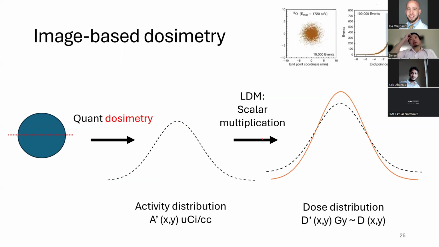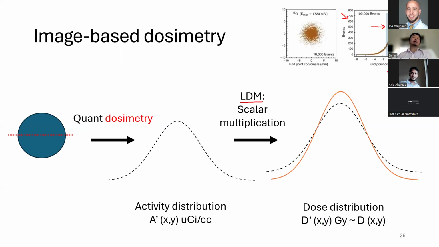So what's the alternative? The alternative is what we call the local dose deposition method. Again, if we go back to this line profile, and you look at the intensity over here, about 90% of the dose is actually deposited in this area. So it's really within plus or minus 2 millimeters.